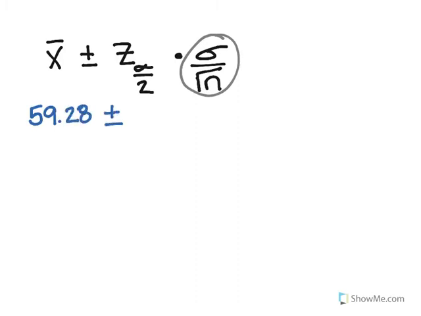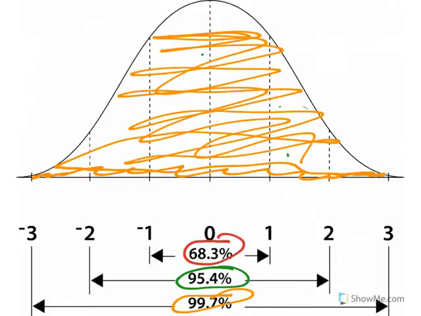Plus or minus, we need a z-score that represents 95.44% shaded. That's why I showed this bell. The z-score that goes for 95.4% would be 2.